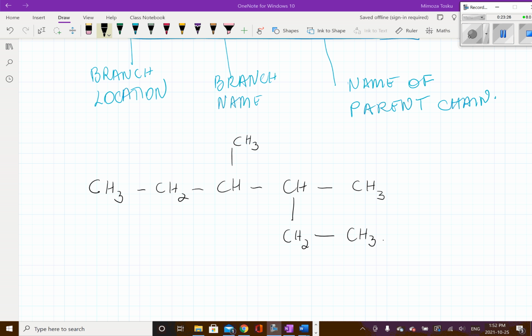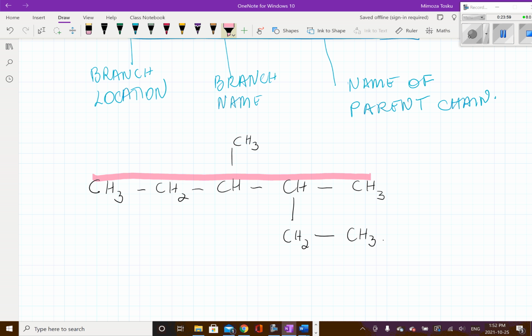The longest chain is found by moving from one point to the other without lifting your pen. I will do it with a marker so that you can see. This is the first way that we move.